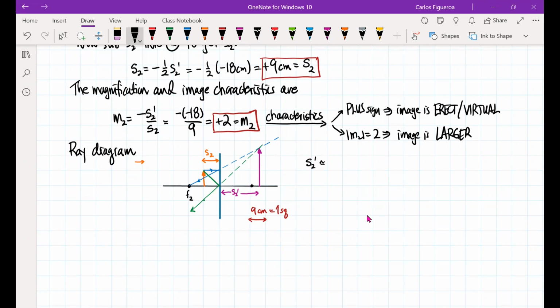If each square is 9 centimeters, then I got 1, 2, so that's 18. I'm going to say somewhere around 25, let's say 24 centimeters. And then the magnification, what is that looking like? Well, it looks like it's more than double, so I'm going to say that's about 2.5.